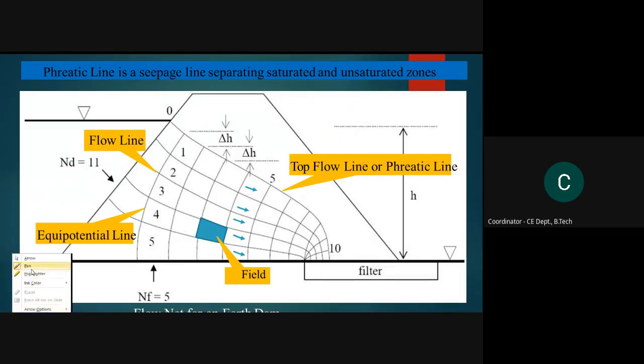If this h is given, and the number of possible channels here is 1, 2, 3, 4, 5, 6, 7, 8, 9, 10, 11, then if we divide this height by the 11 channels, we can easily evaluate these del h. These are similar representations of the staircase problem.